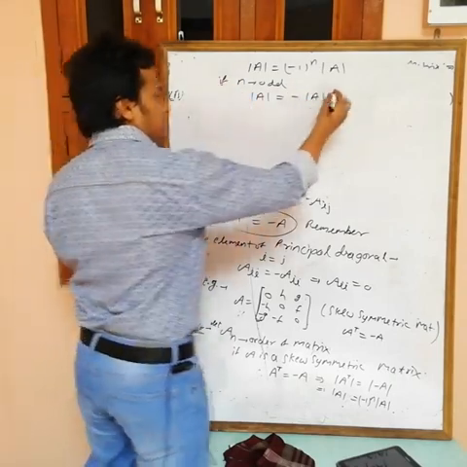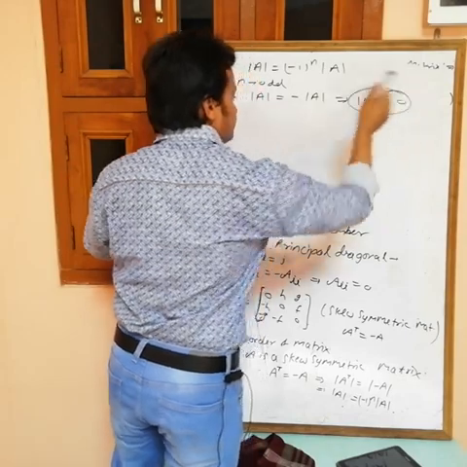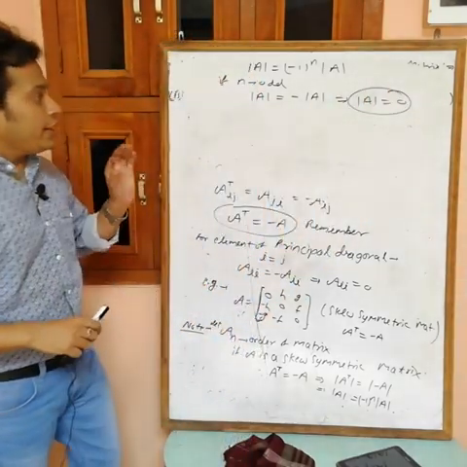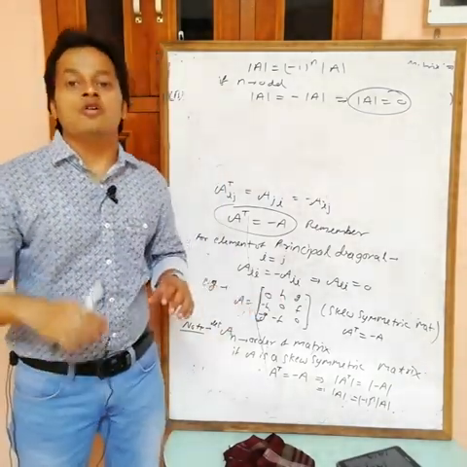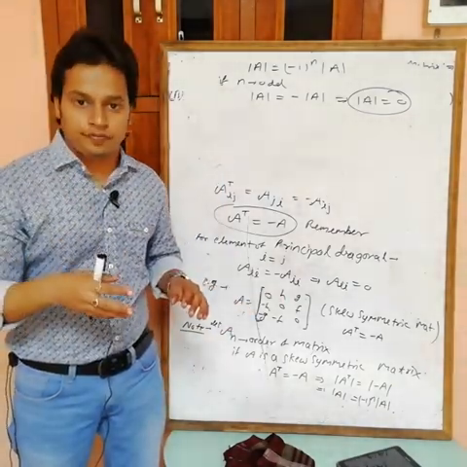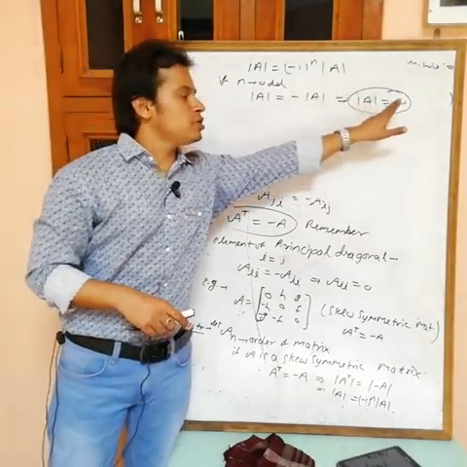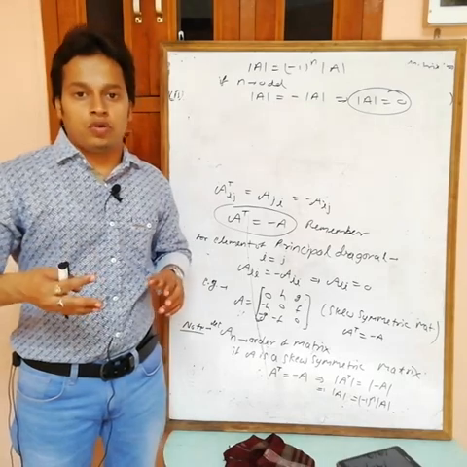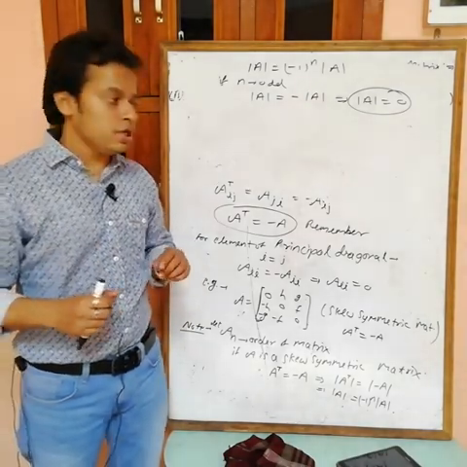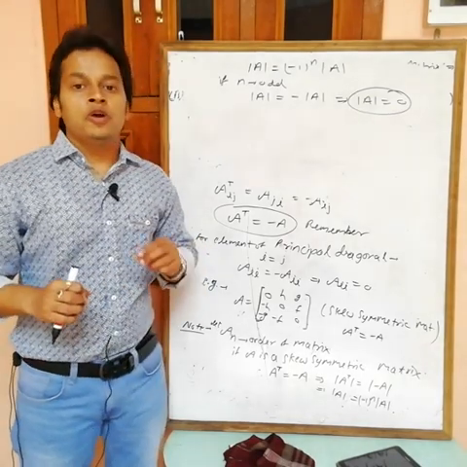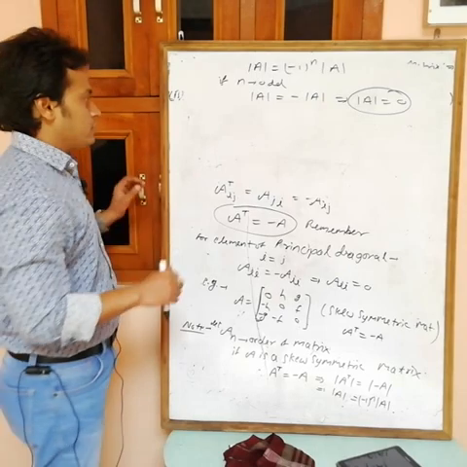Write this on the side, then you will get that det A equals 0. It means if A is a skew symmetric matrix of odd order, then the determinant is always 0, for order 3, 5. If A is a 2 by 2 skew symmetric matrix, then the determinant is not equal to 0.